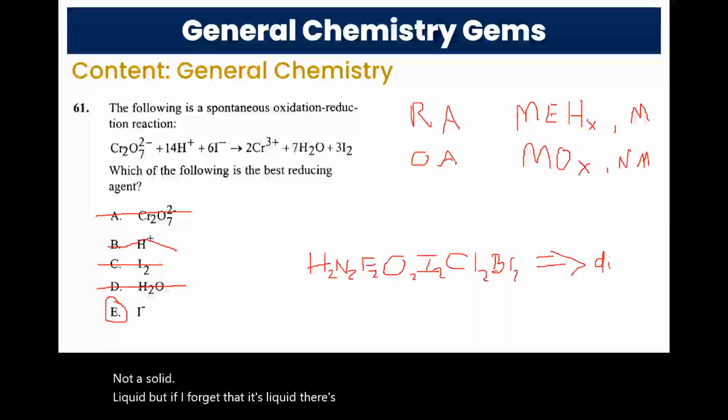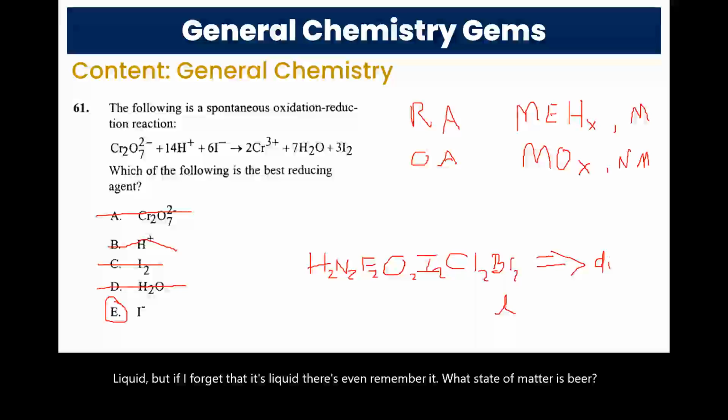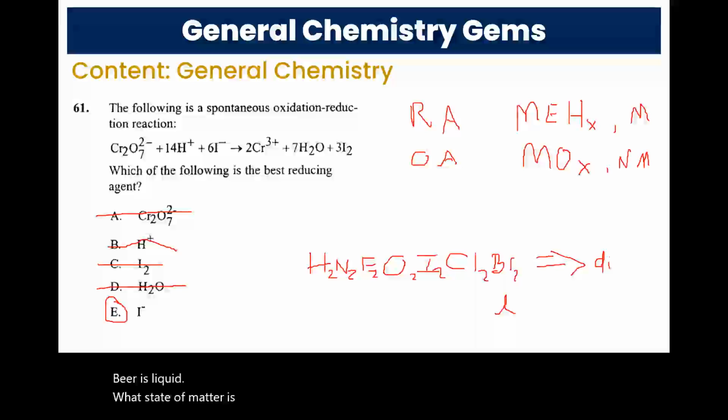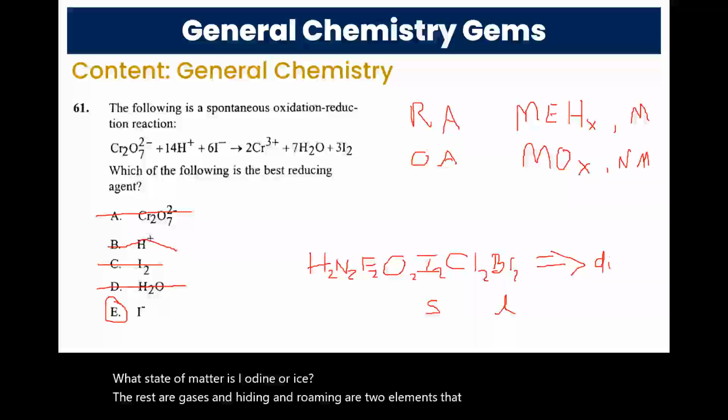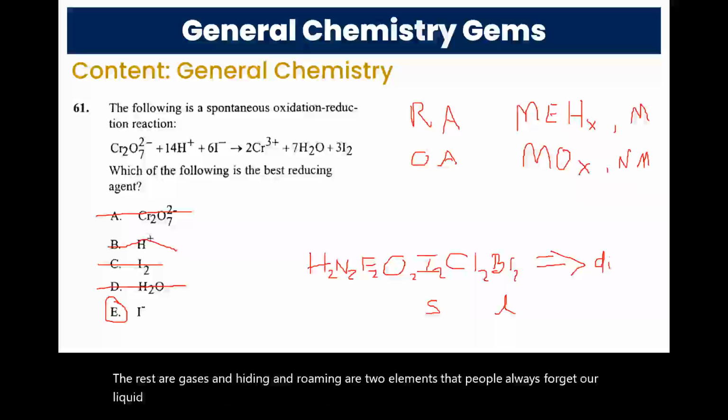What state of matter is beer? Beer is a liquid. What state of matter is iodine, or ice? Solid. The rest of them are gases. Iodine and bromine are two elements that people always forget are solid and liquid respectively.